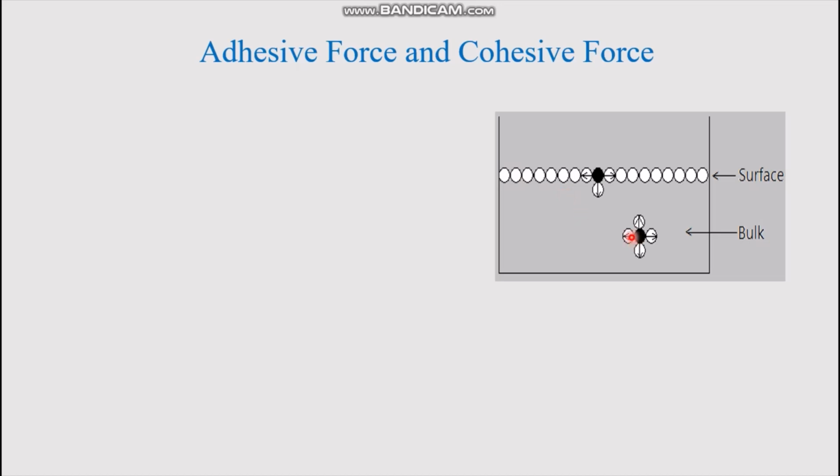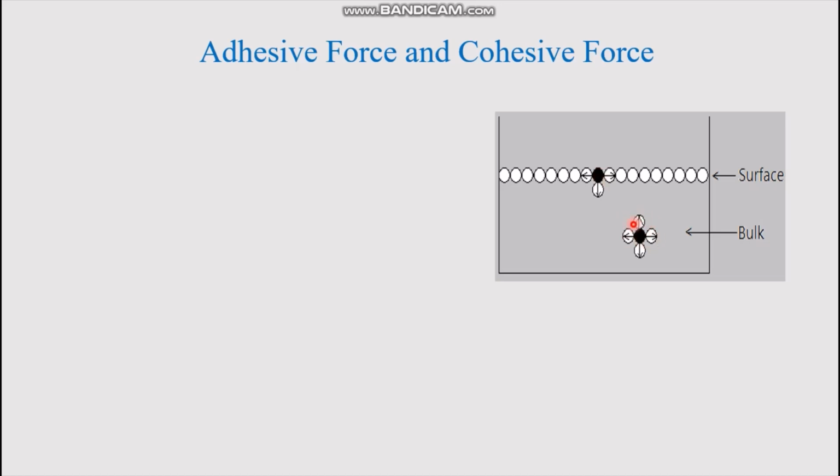Now these two molecules which are shaded in black are also the same liquid molecule. These molecules are being attracted by the liquid molecules surrounding them, that means the white molecules. The black molecules and the white molecules are the same; this particular molecule is shaded in black only because it is selected. Now this molecule is present in the bulk of the liquid and this molecule is present in the surface of the liquid.